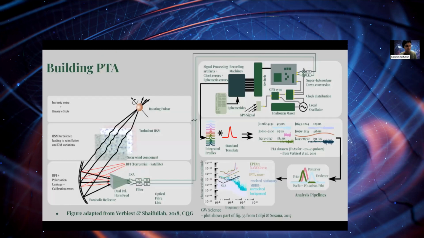Okay, so a little bit about the hard part of building PTAs. So you found your pulsar, you are observing it, you know how to deal with a bunch of different things that are happening to the radio wave propagation through the ionized interstellar medium and other ionized components.